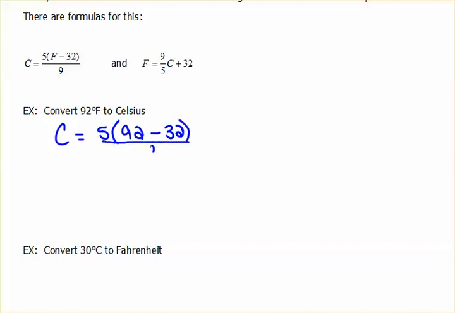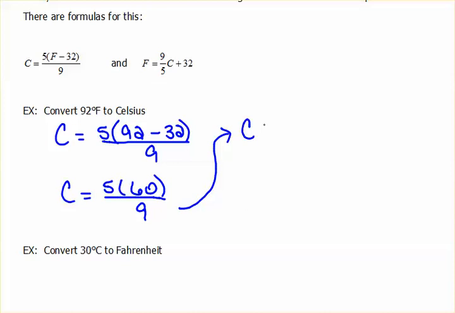all over 9. So that means Celsius equals 5 times 92 minus 32, well, that would be 60, divided by 9. So Celsius equals 5 times 60 is 300, divided by 9.